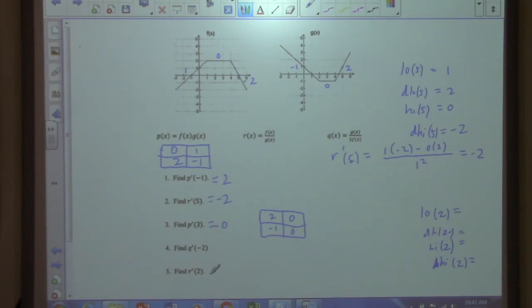The g is the low, so we go to g. What do you get for g? You get -1, right? What do you get for d low? If we go to 2, what do we get for d low? Aha, what do we get? Nothing. We get does not exist. So what is our answer for this one? Does not exist.